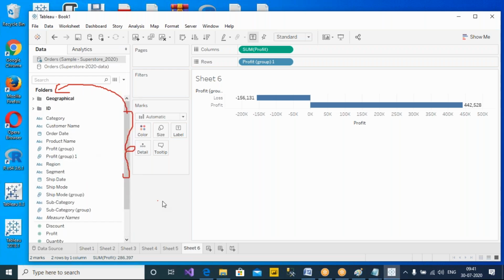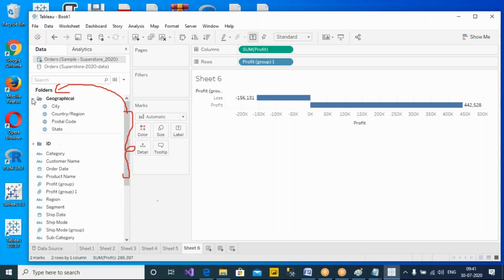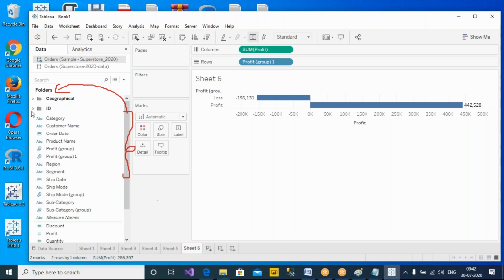No. All right, so all IDs are now in that. That's how we can put all the dimensions into folders, because it's easier to maintain. Group is different because it creates a dimension, but a folder is just placing the dimensions into a folder.